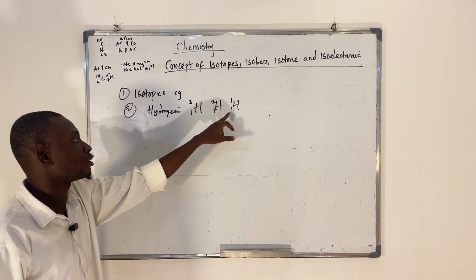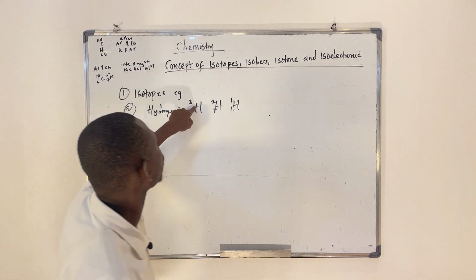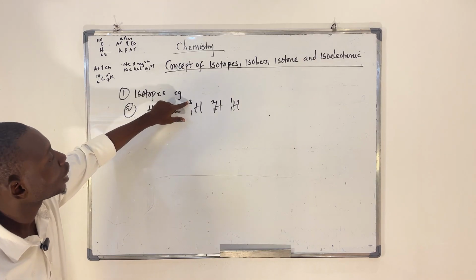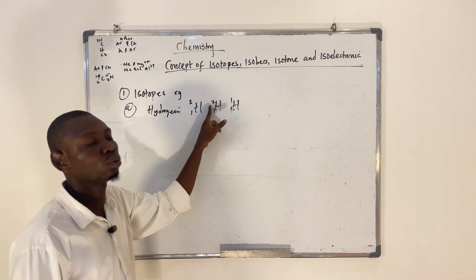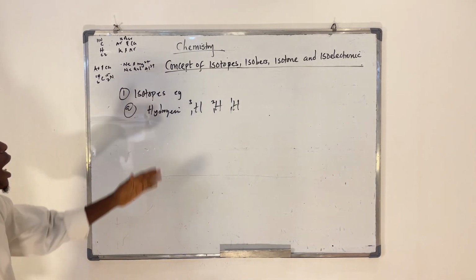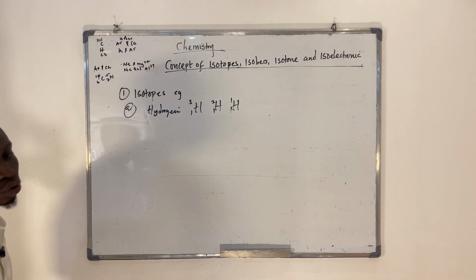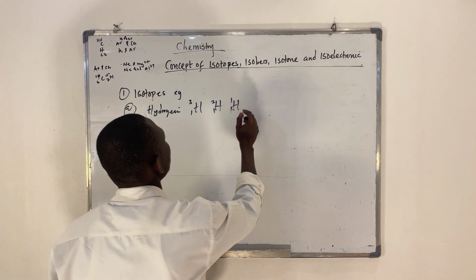The atomic number of hydrogen here is 1, while the mass number of the first one is 3, the second one is 2, while the third one is 1. Isotope simply means hydrogen exhibits isotope.